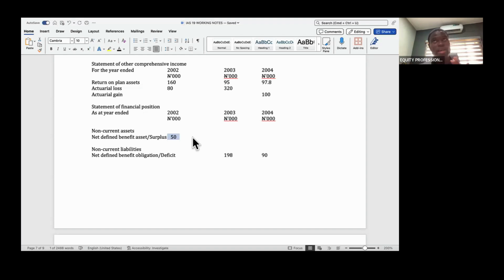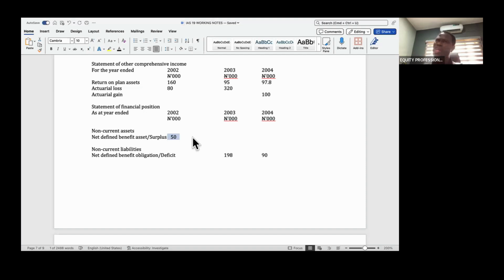Either you get a refund, because for your plan asset to be higher than obligation, it probably means you have contributed a lot of money into that plan, that it is now higher than your obligation. So either you're expecting a refund or there will be reduction in future contributions.